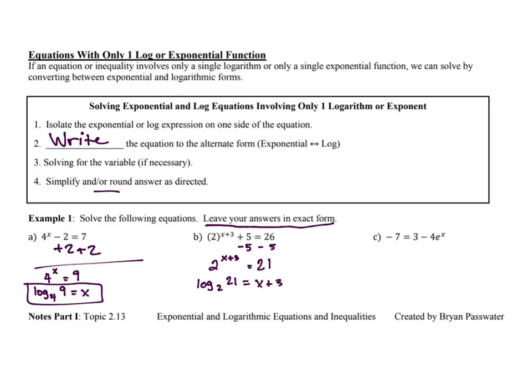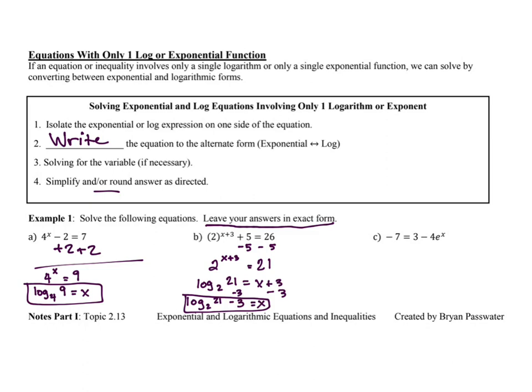Now isolate x. Can you subtract the 3 from the 21? No, just subtract the 3 from the whole logarithm. You could put negative 3 plus log base 2 of 21, but you can't multiply it. So I would put log base 2 of 21 minus 3 equal to x. It's not negative 3 times it though.